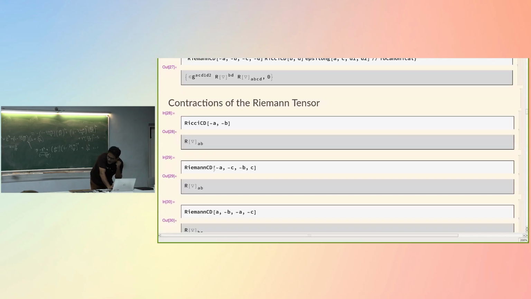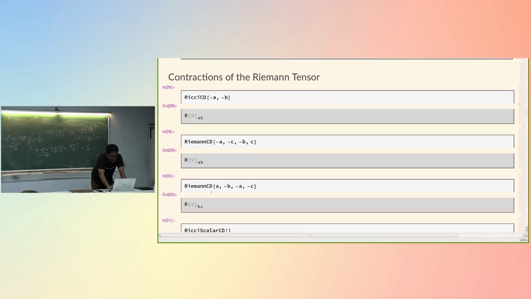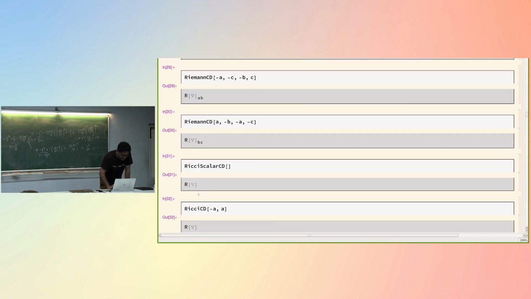The general definition is you contract the second and the fourth indices, and that's when you get the Ricci tensor. But depending on the convention you take, if you contract the first and the third, you can also get the corresponding Ricci tensor. That depends on you.